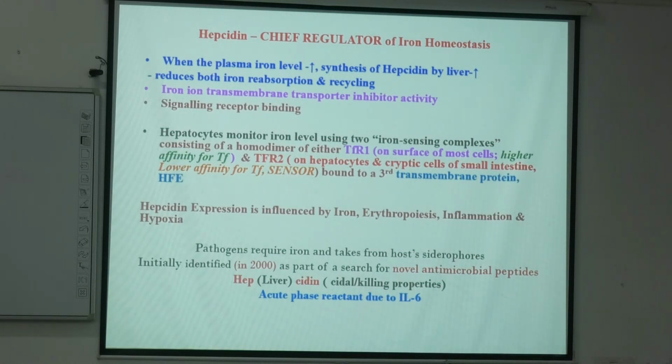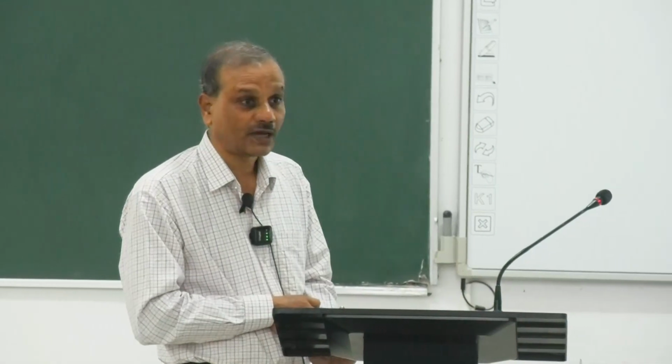See, hepatocytes monitor iron level by two major mechanisms. One is through transferrin receptor 1, which is present in most cells, and most cells require iron, as we have known that iron dependent enzymes are there. So, they have a high affinity.